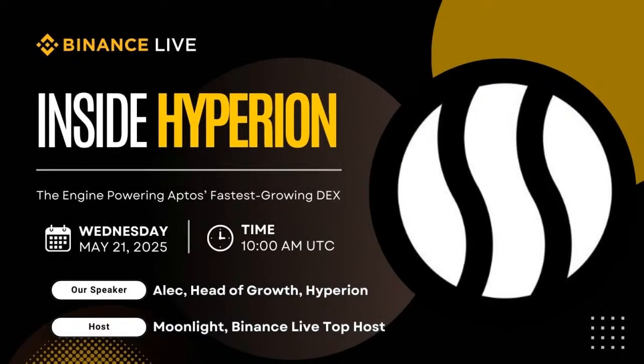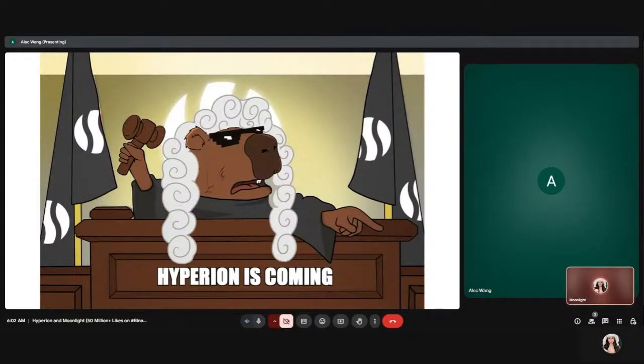GM, welcome to this AMA session. Very excited today because we are going to introduce everyone to a new project called Hyperion. This is the first time they join our Binance Live session, and I see that we already got a lot of audience, and our session is also being featured on the front page of Binance Live. How exciting!